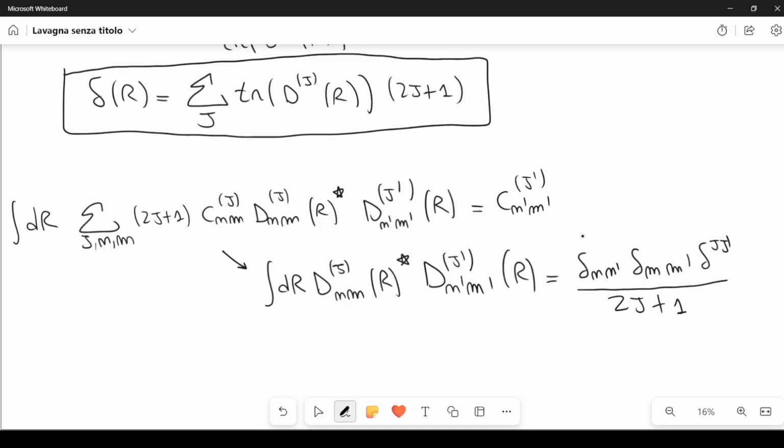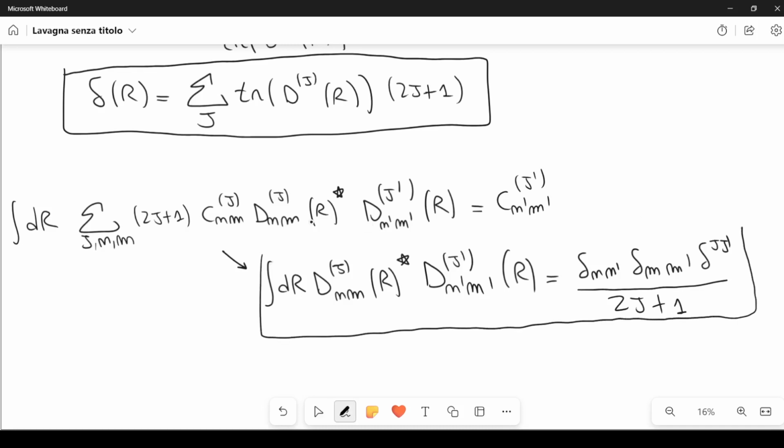And then when you consider these Kronecker deltas, this will make sure that you get this coefficient equal to the coefficient c j prime, n prime, m prime. So all these Kronecker deltas will make sure that the right coefficient here of this expansion will be equal to the coefficient here. So this is an orthogonality property of Wigner matrices.